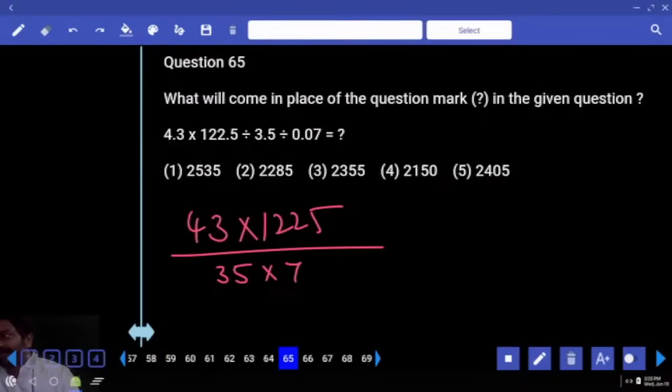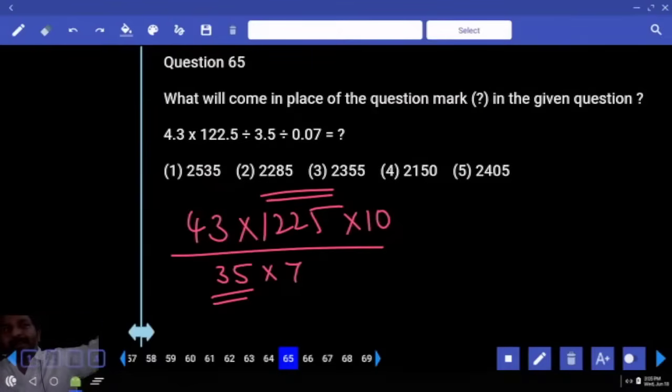So one more 0 will come in numerator or denominator? Numerator, one more 0 will come, that is into 10, correct? Right. Now my basic question: you have 5 multiple here, you have 5 multiple here, that gets cancelled. Still do you have 5 multiple in the denominator? Do you have an even number in the denominator? Can you change that 0? Answer should have 0. Fourth option done.